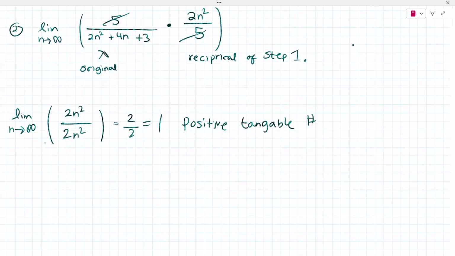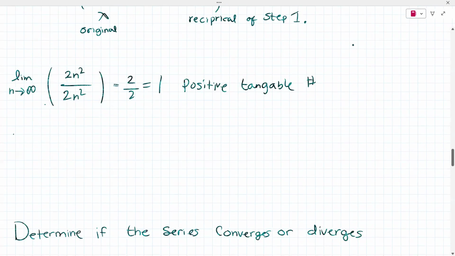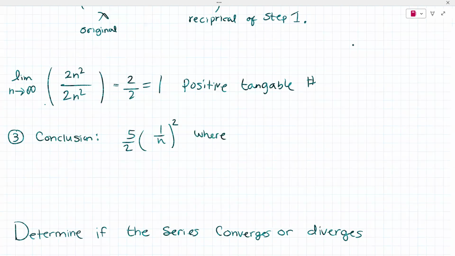So what we can say is the conclusion is 5 over 2 of 1 over n squared, the p-series, where p is 2, right? This is your p-value. If p equals 2, which is greater than 1, then you can say it converges.